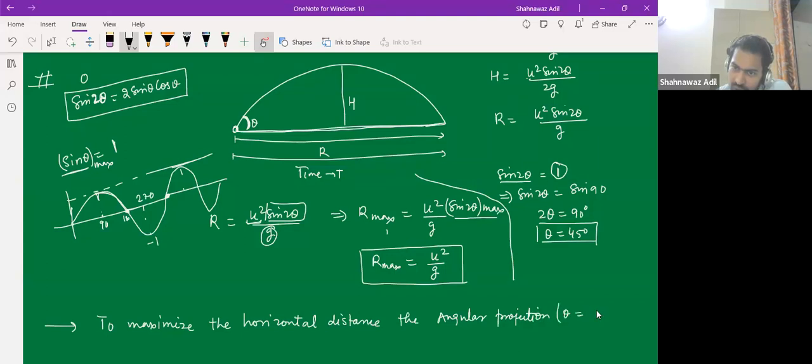Theta should be 45. Is this part clear, guys? Yes, sir. Okay, so please note it down and then we'll understand about the other things.